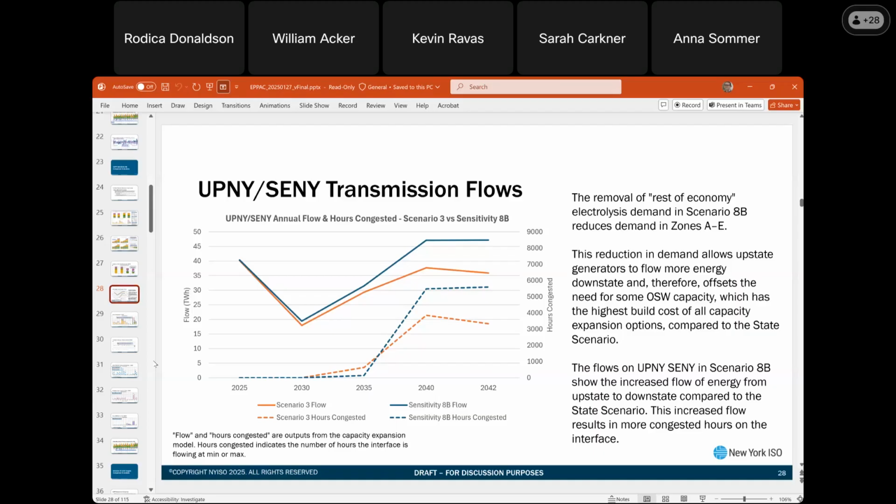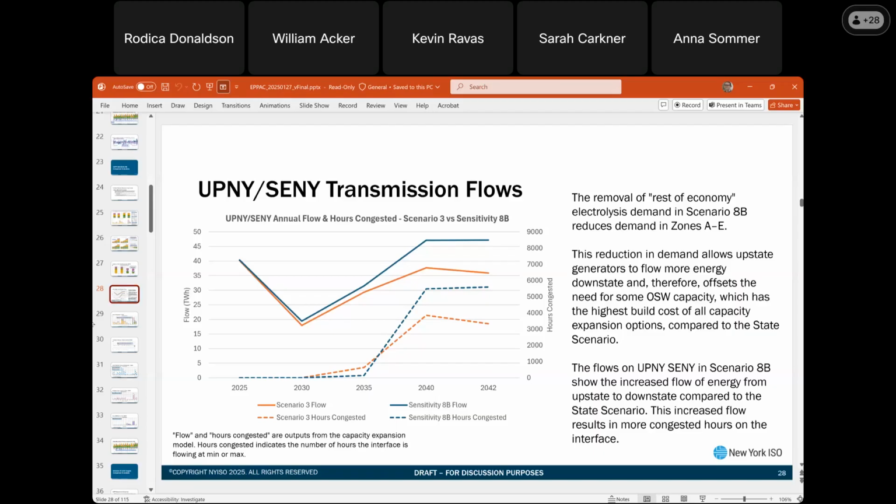Well, the targets would still apply to any demand that's on the system. So like the 70% renewable target would still be applied to that electrolysis demand.